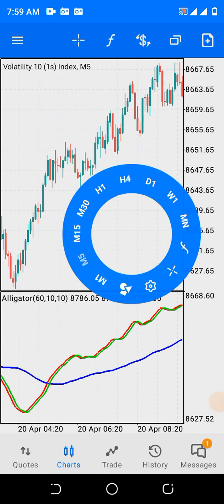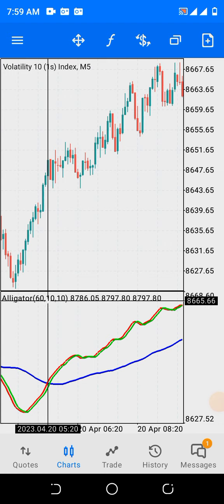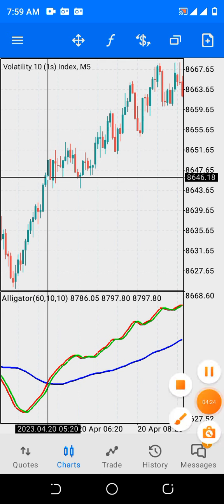Now this is a buy signal. This is the crossing. The crossing occurs from down upwards. So this is a clear buy signal. You buy where the crossing occurs.